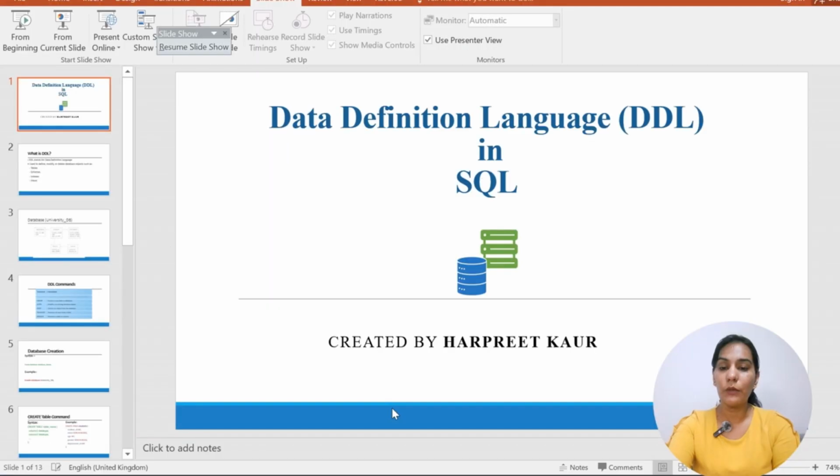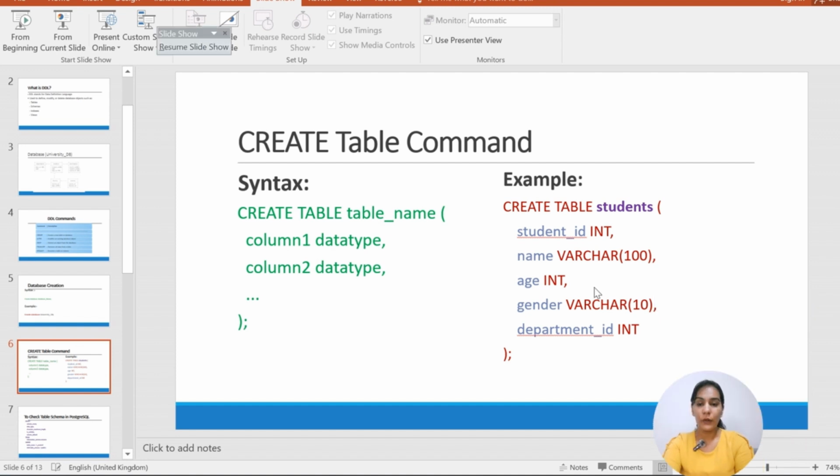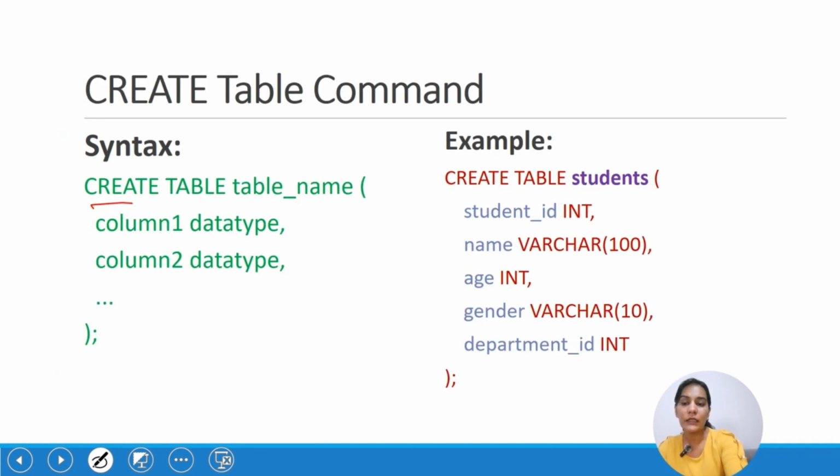Now next we again move to our commands, and here we have a table command. In the case of a table command, we have create table, then the table name, then the column name, then its data type.